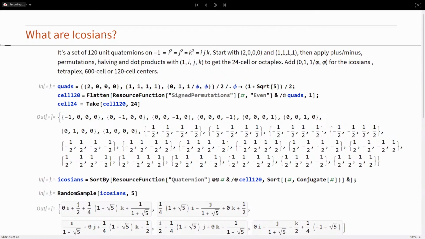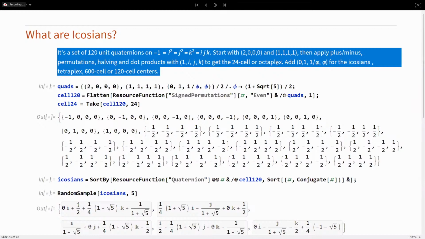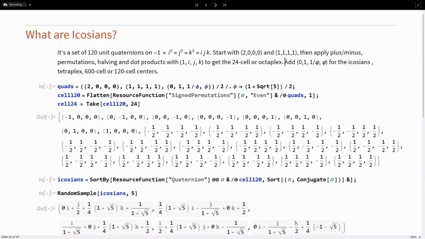So what are icosians? Basically it's a set of unit quaternions. On the definition of quaternions, we start with 2, 0, 0, 0, and 1, 1, 1, 1. And if you apply plus minus the sign permutations and do the dot products with the quaternion set, we get the 24 cell, also called the octaplex.